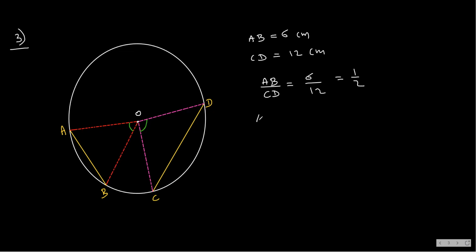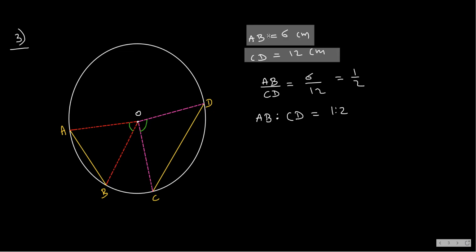So AB is to CD is 1:2. The ratio of the lengths of the chords is 1:2, that is, chord CD is 2 times chord AB. You can check the length of chord CD. Chord CD is 2 times the length of chord AB, right?